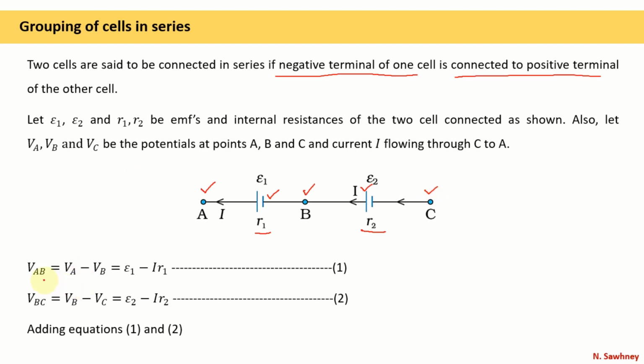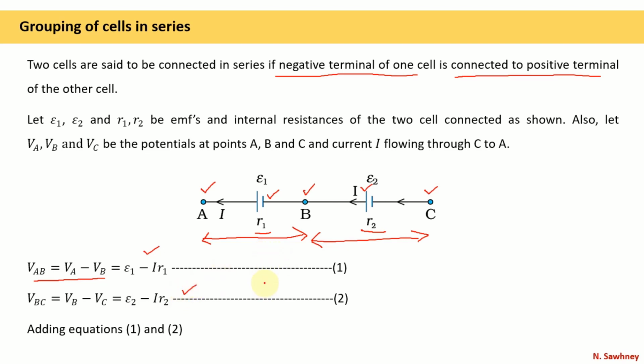The potential difference AB, that is VA minus VB, or you can say the potential difference across AB, will be written as E1 minus Ir1, as we have just discussed. Now the potential difference across the terminals B, C can be written as VB minus VC, where it is E2 minus Ir2.